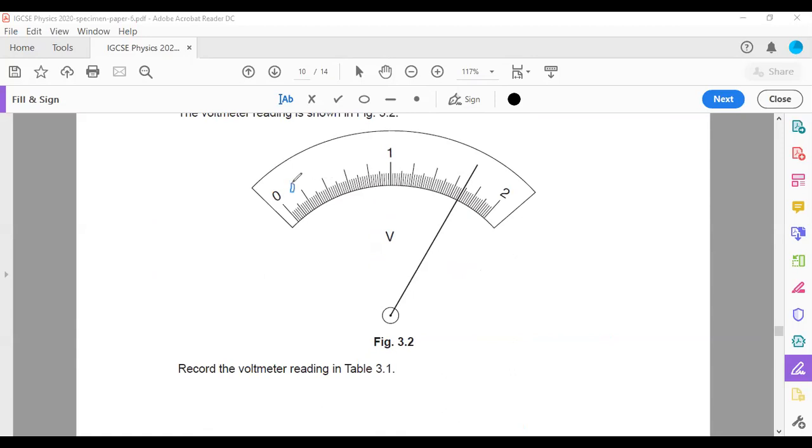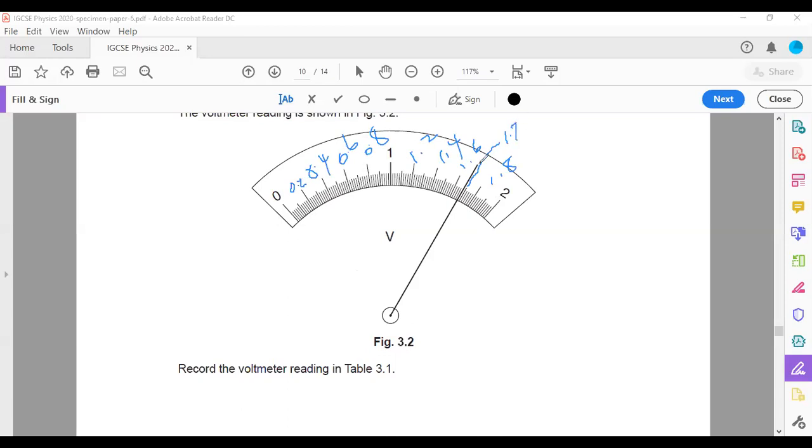So here is going to be 0.2, here 0.4, here 0.6, here 0.8, here 1.2, 1.4, 1.6, and here 1.8.